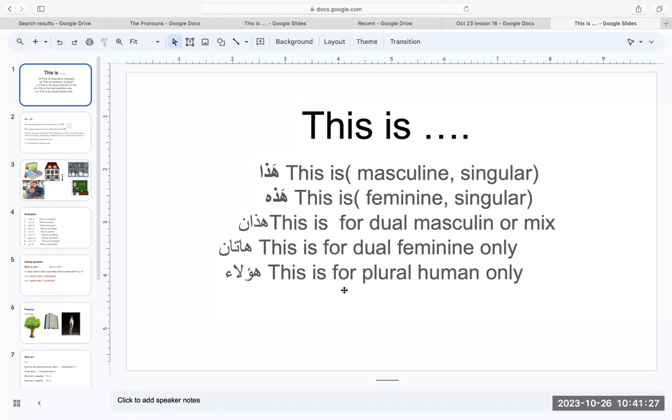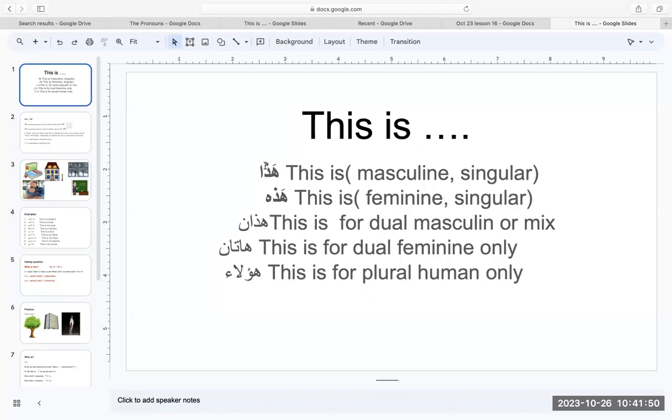In this video, I'm going to talk about "this" in the Arabic language and how we use it. I will remind you from the beginning that in Arabic language, we don't have "it". So it is either feminine or masculine.